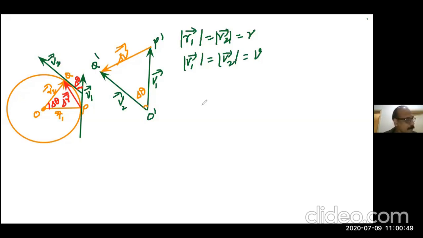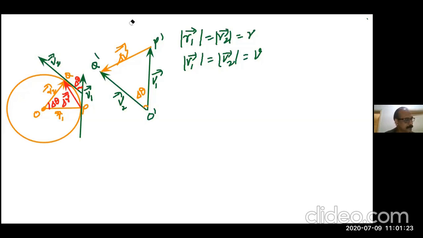Next line. By applying triangular law of vector addition, as shown in figure, change in velocity delta V can be calculated from the figure O dash P dash Q dash.